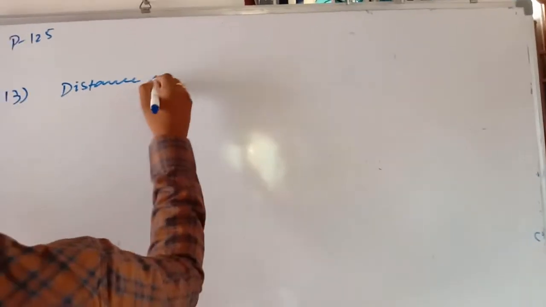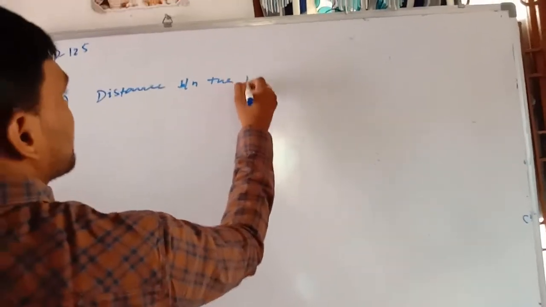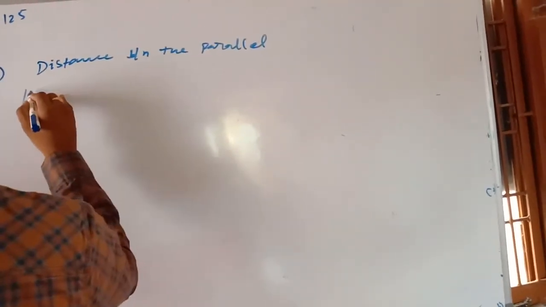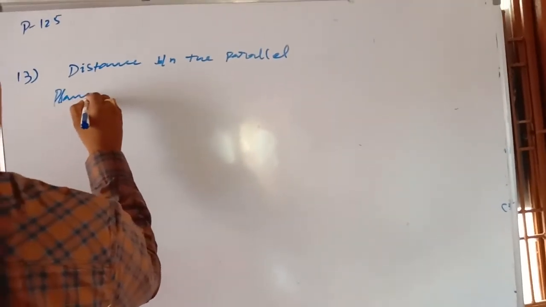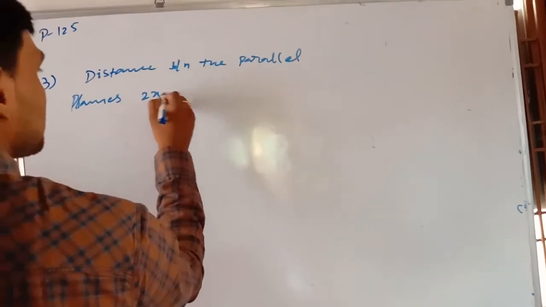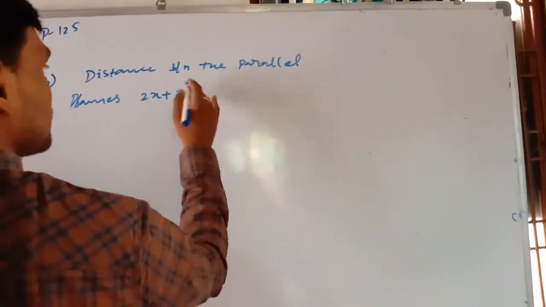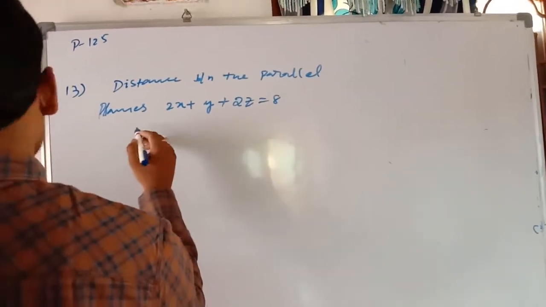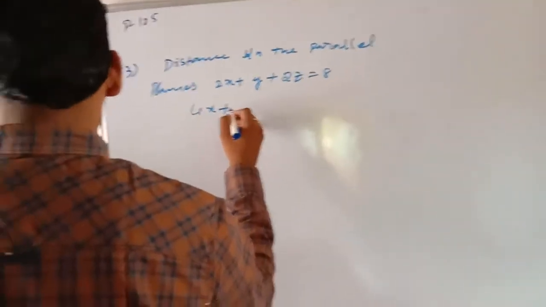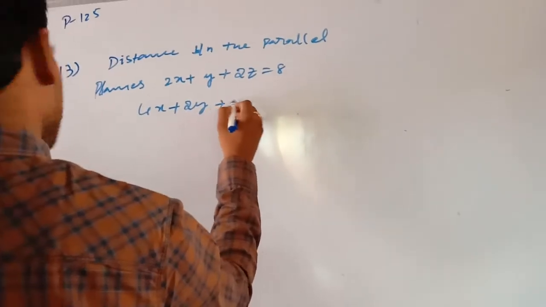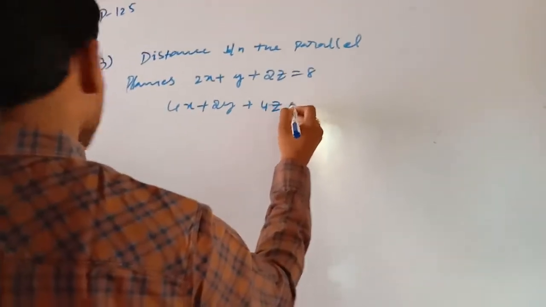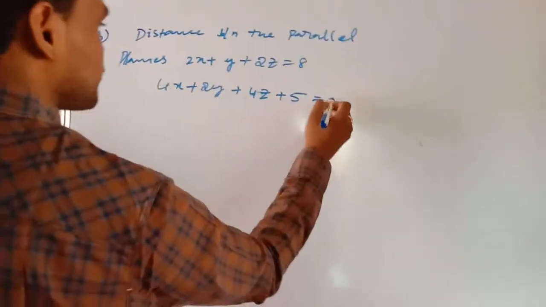Distance between the parallel planes: 2x plus y plus 2z is equal to 8, and 4x plus 2y plus 4z plus 5 is equal to 0.